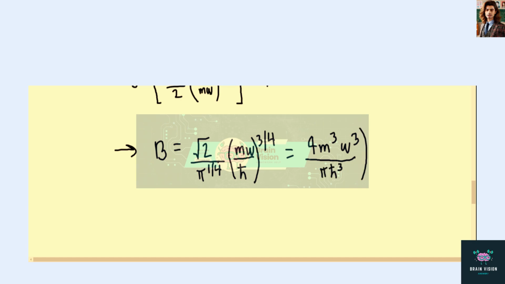And that further simplifies to all of this being under a 1/4 root. Basically, it's to the 1/4 power.